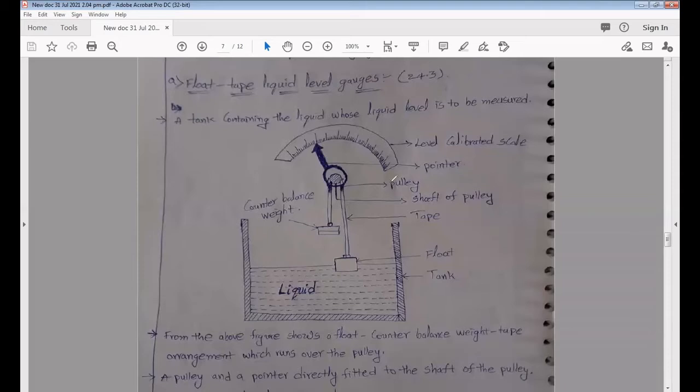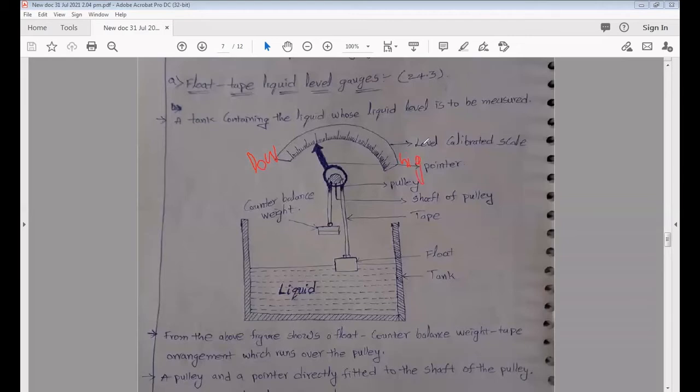Whenever the shaft of the pulley rotates, automatically the pointer also rotates. It means whenever the shaft of the pulley moves in a certain direction, either left-hand side or right-hand side, the pointer also moves left or right accordingly. The left-hand side is the low level of the scale, and the right-hand side is the high level.